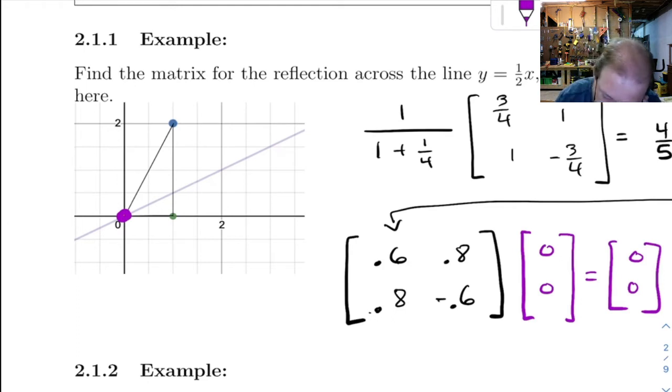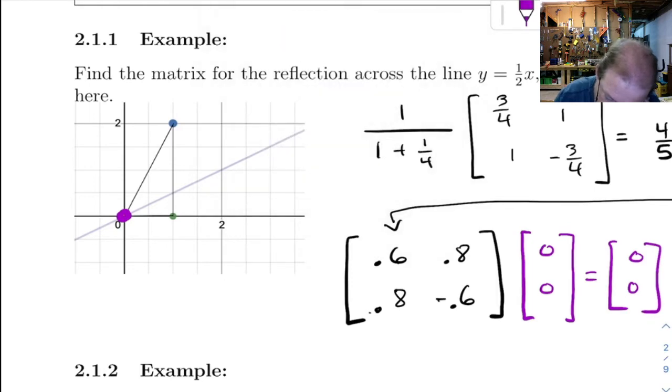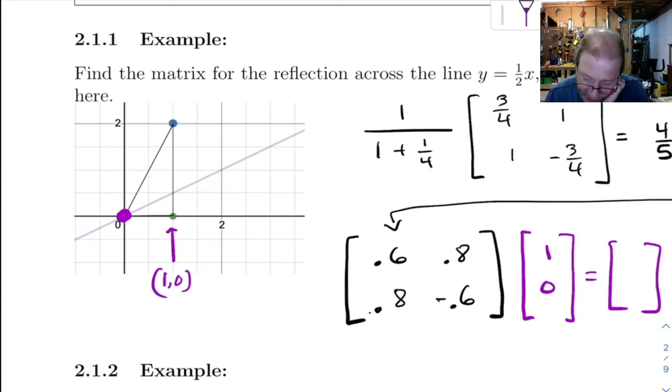Okay, the next point over there is right here. This is the point 1, 0. If I put that into here, when I multiply this out, I get 0.6 and then 0.8. So 0.6, 0.8.